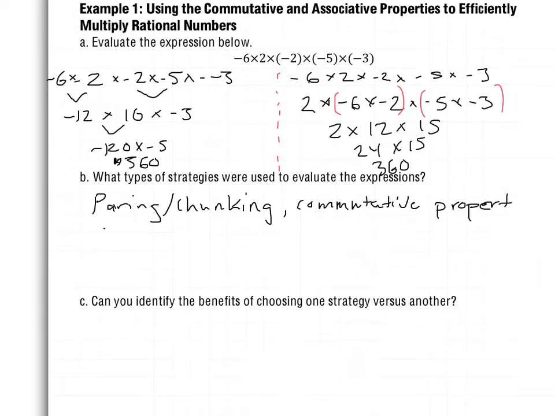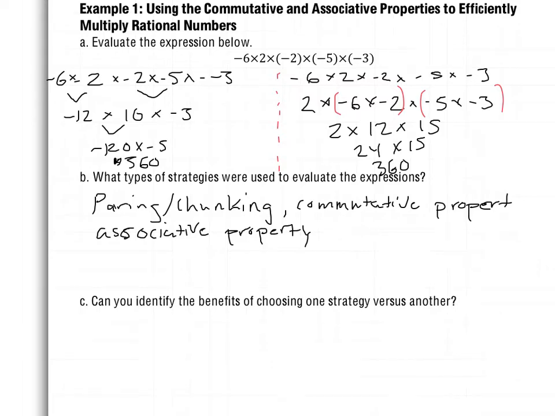We see some associative property. And in general, we don't really see a whole lot other than that in terms of extra different strategies.